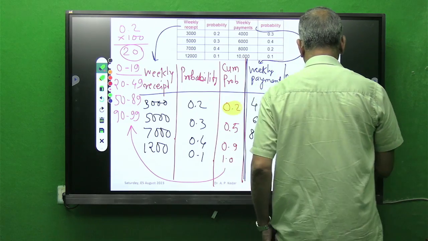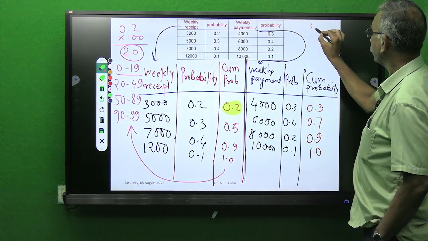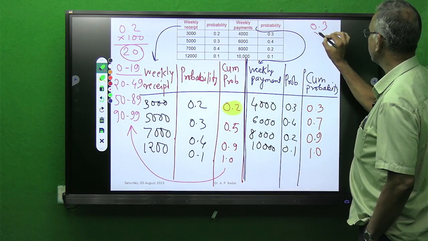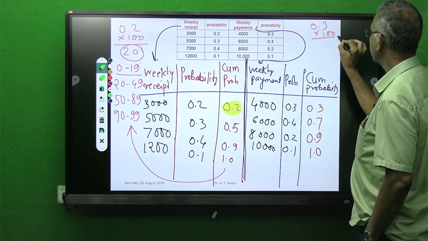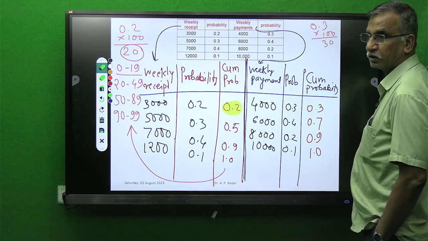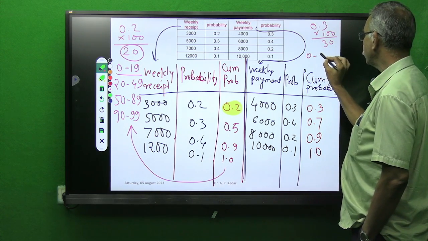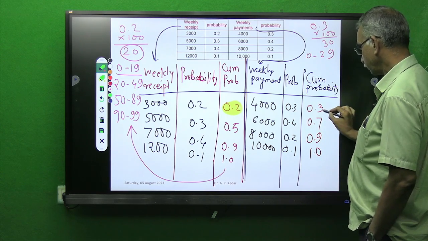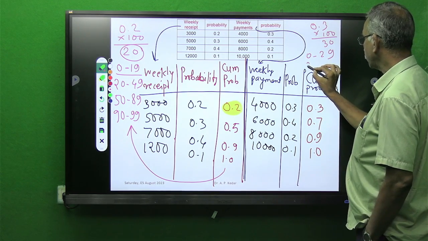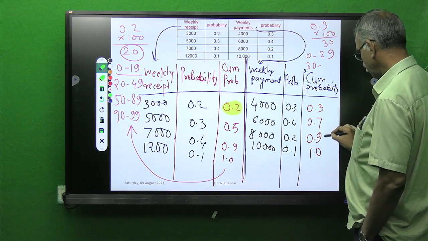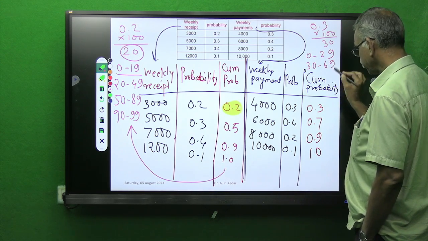Similarly, for this, if you multiply 0.3 by 100, you will get 30. So first range will be 0 to 29 for this. Second will be 30 to 69.